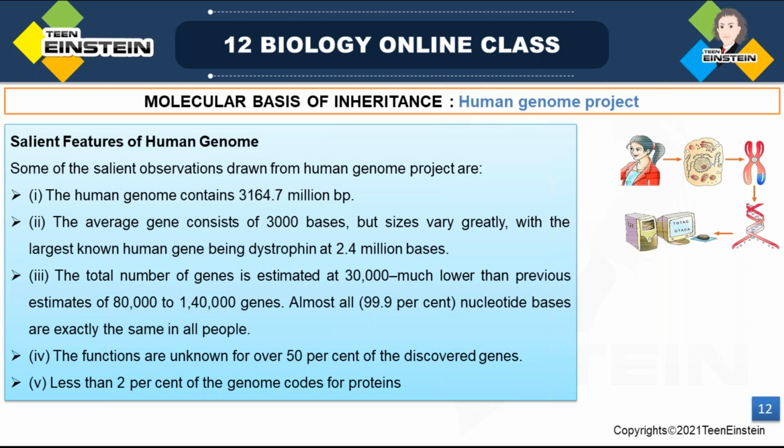In all people, most of the nucleotides are exactly the same. About 99% are similar, which shows similarity.